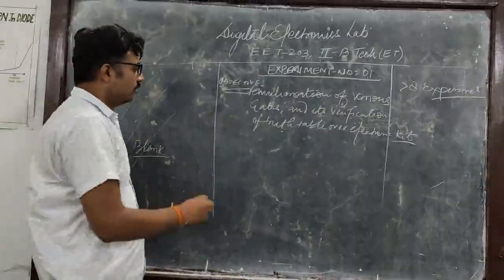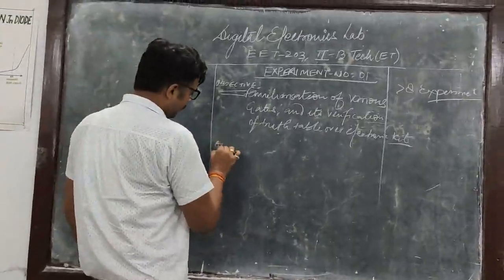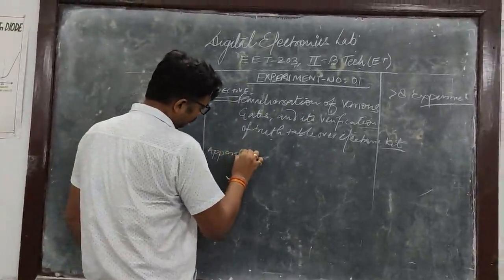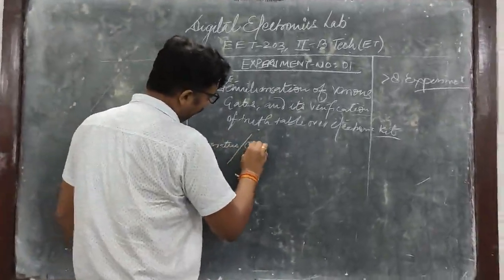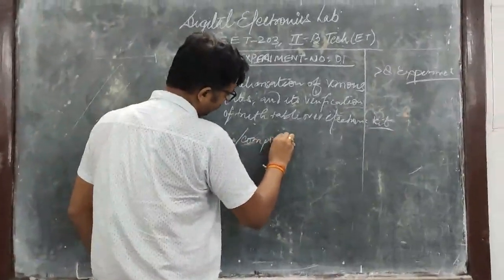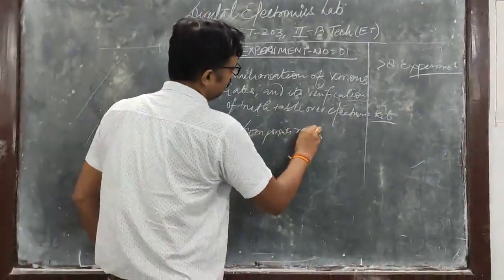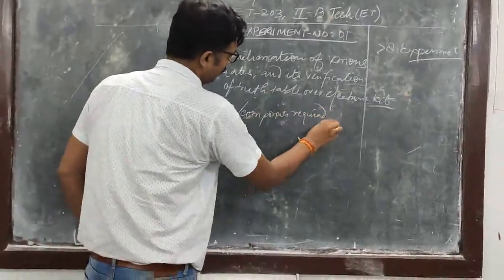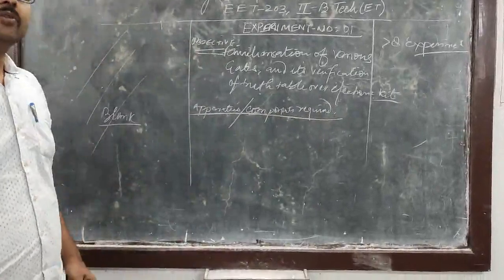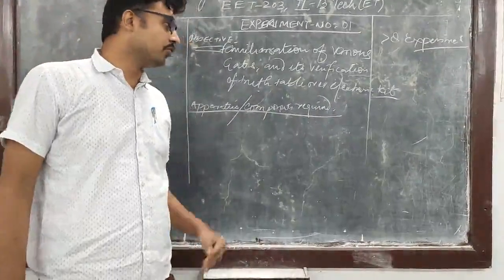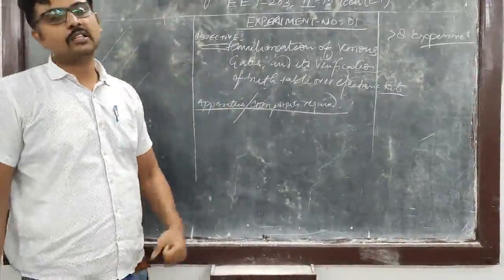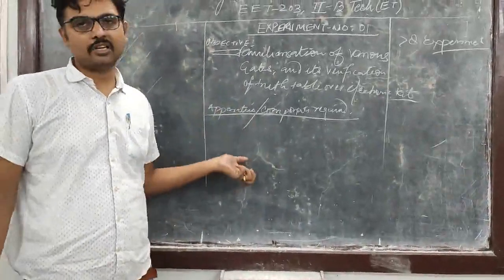Then you have to write the apparatus or components required. What kind of components and apparatus you are going to use to verify these experiments, you have to write here.